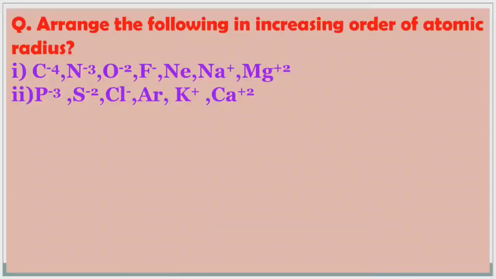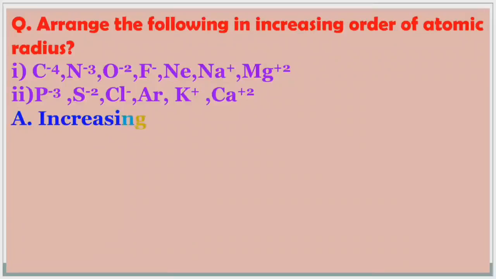And an ion with more negative charge is bigger in size. As the negative charge increases, nuclear charge decreases and atomic radius increases. As the positive charge increases, nuclear charge increases and atomic radius decreases.